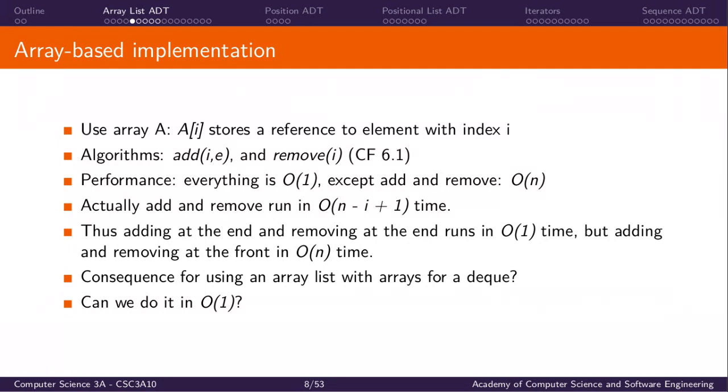Why? Because when we add and remove things from our array list, everything that occurs after the new element that was added or removed has to now either have, if we're removing, its index decremented, or if we are adding, have its index incremented, because there are now either fewer or more elements that occur before it, right? So if we had an element with index 5, that tells us there are 5 elements that occur before it.